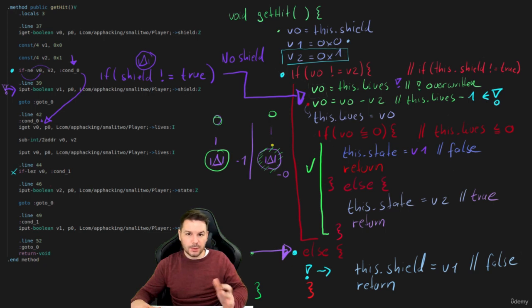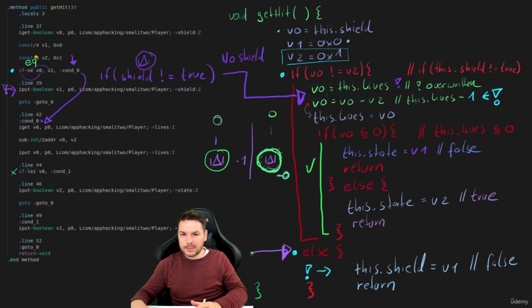If you want the opposite case, so starting with a shield, this one over here, we want to start with a shield and lose 0 lives if we get hit. Then we have to flip this logic over here. This means instead of not equal, we are having equal. But still, let's think about this.